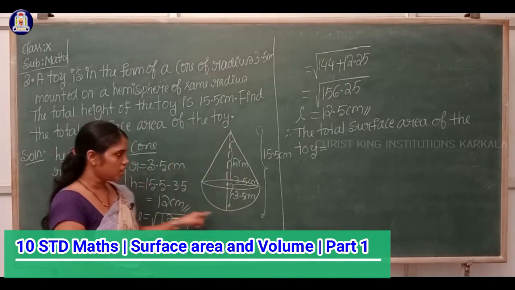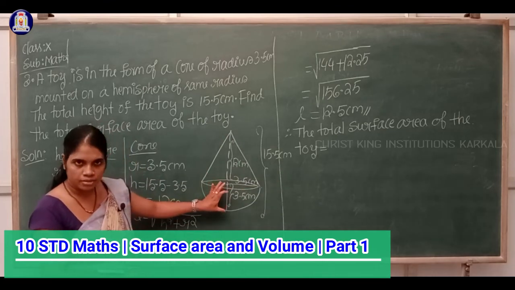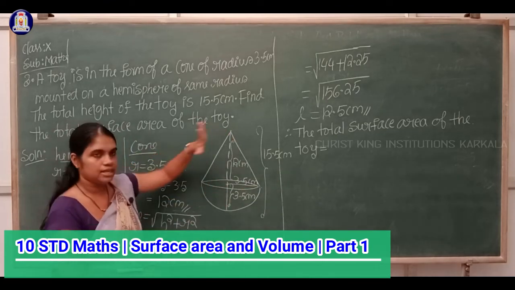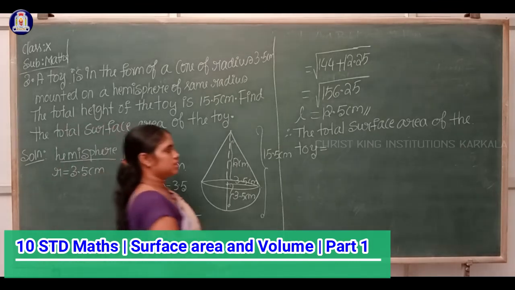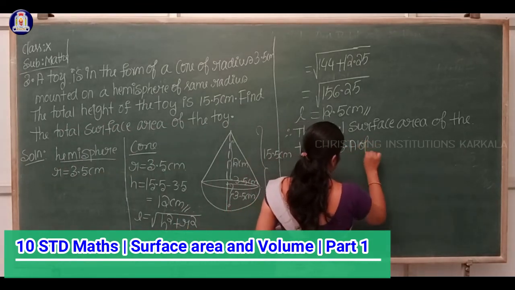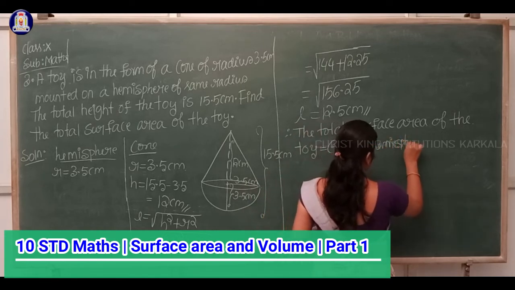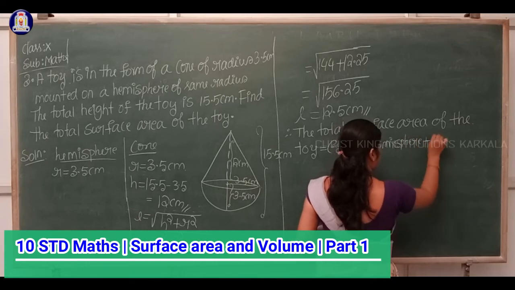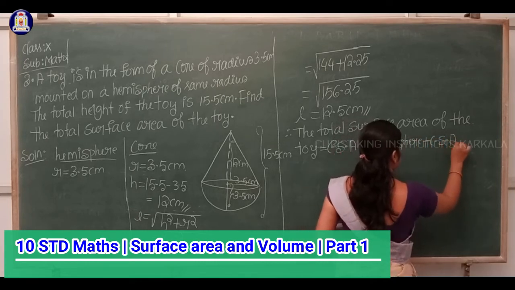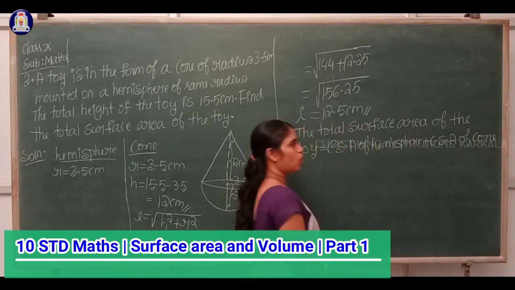Total surface area of the toy is given by CSA of the hemisphere plus CSA of the cone.